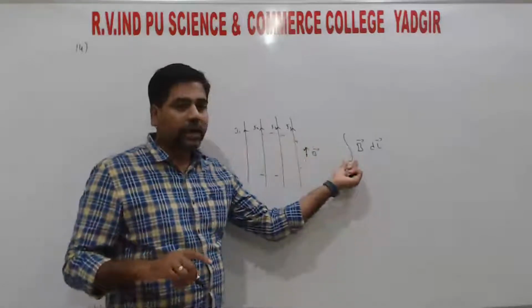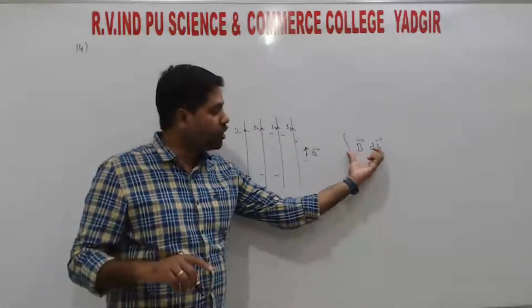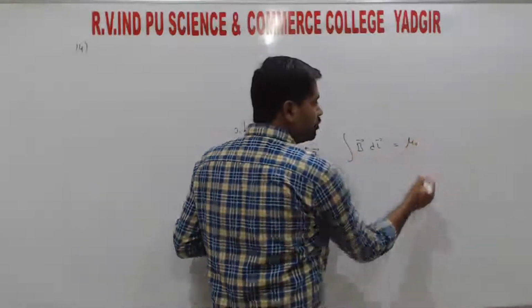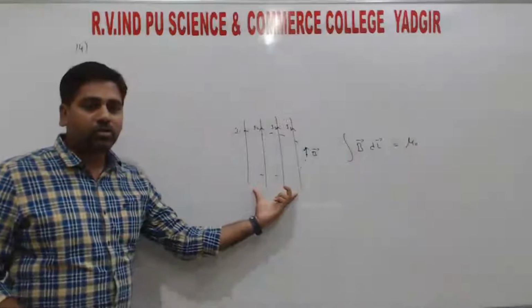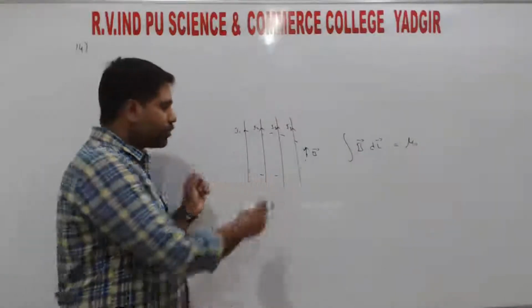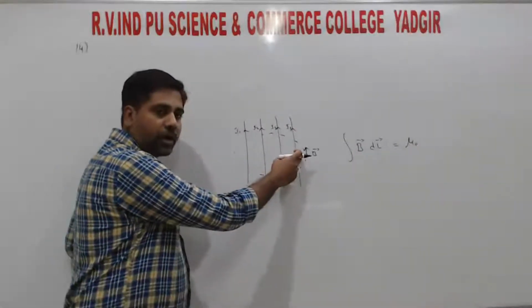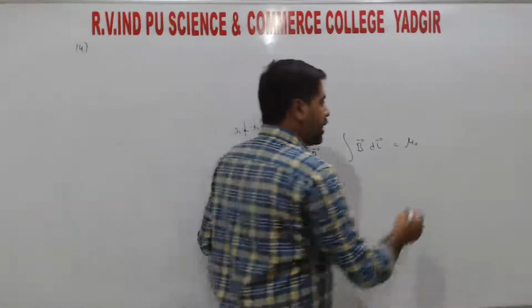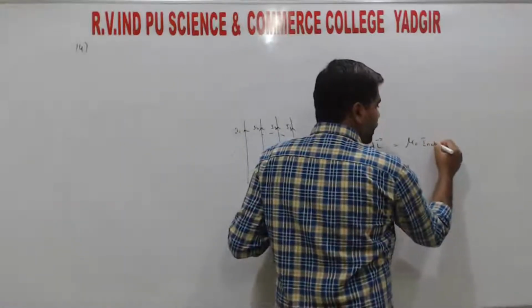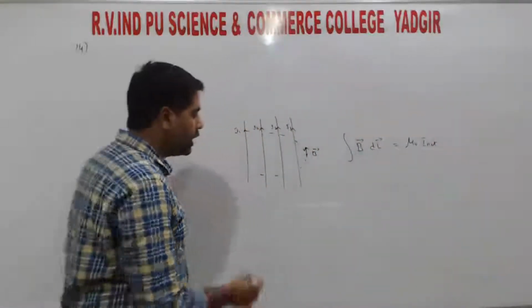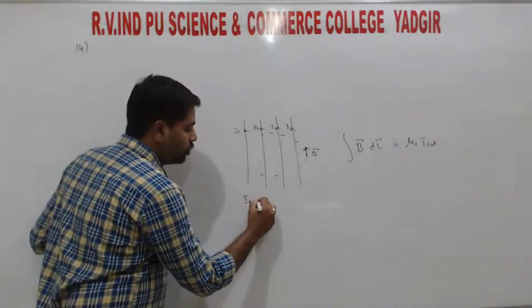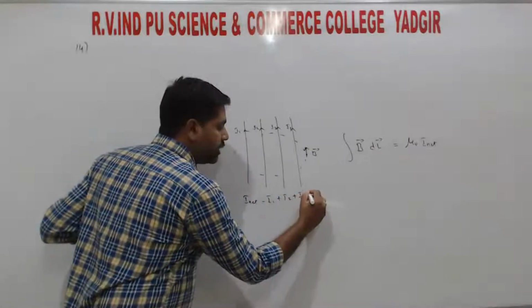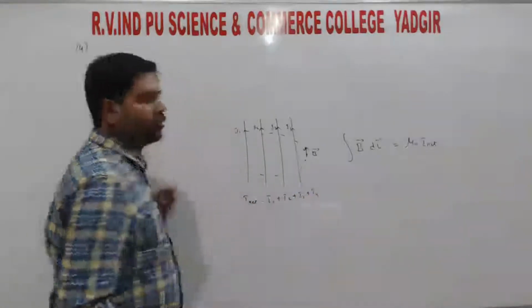Here we have four currents, and all these four currents we call the net current, I net, where I net is equal to I1 plus I2 plus I3 plus I4.